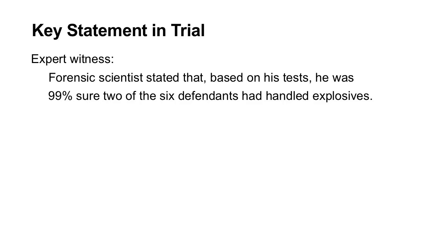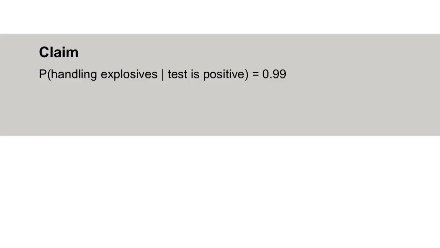So here was his claim in our language. The probability of handling explosive, given that his special test is positive, is 0.99. And people said that's so high, clearly these bad guys handled the explosives and they must be the terrible criminals.